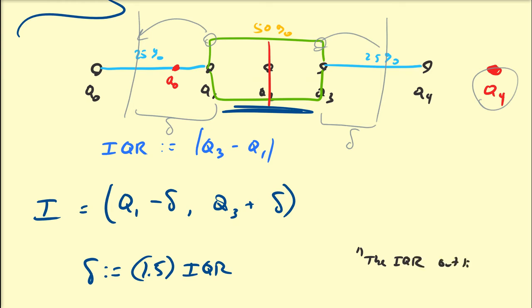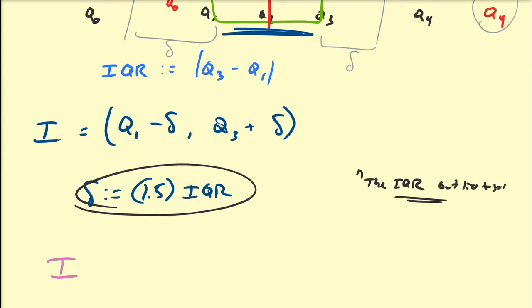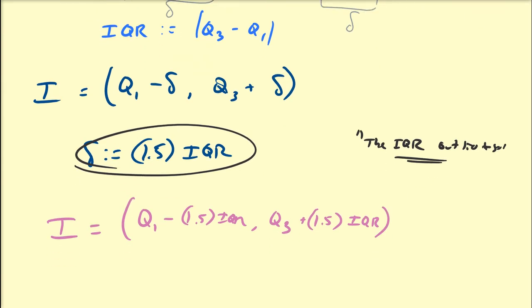You could choose 1.6, 1.7, 1.8, but this test chooses 1.5. Therefore, this interval of outlier detection is going to be Q1 minus 1.5 times the interquartile range and Q3 plus 1.5 times the interquartile range. And if you prefer 3 halves instead of 1.5, then that is perfectly fine.